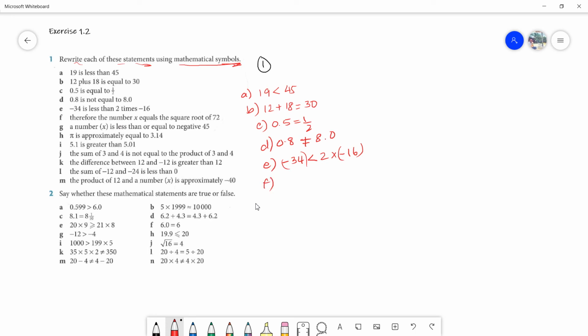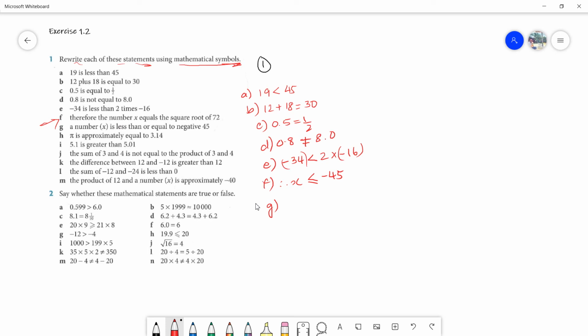Then we have F. Therefore x is less than or equal to negative 45. Then we have G. Oh, sorry, I messed it up.